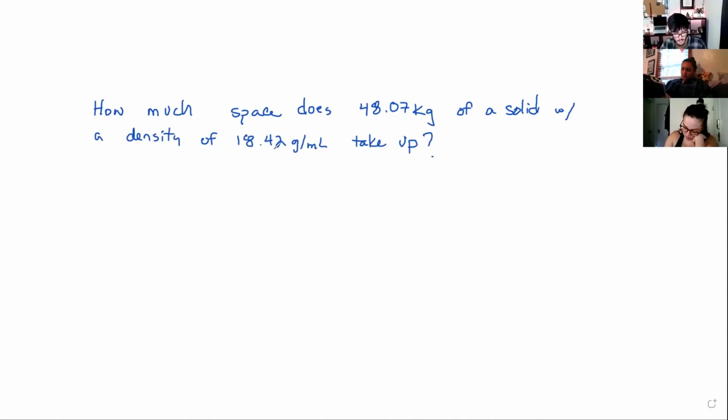So this is a pretty heavy or rather dense material. It's probably a heavy metal like mercury or platinum. I want you to figure out space, and space being synonymous with volume. I'll give you 3 minutes for that.